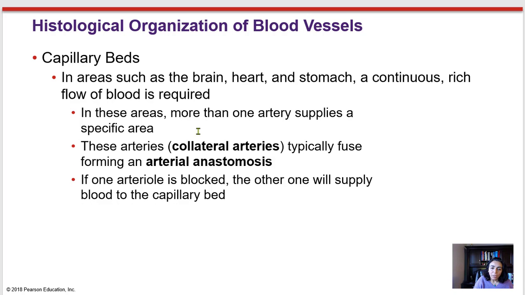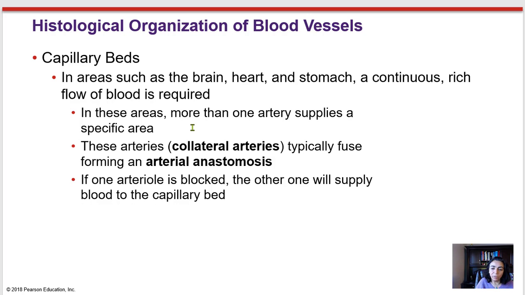In some areas of the body, like for example the brain, heart, stomach, and some other organs, we need a continuous rich flow of blood. Therefore, in those areas, as you have seen or will see, we have many blood vessels. For example, in the brain we have the circle of Willis, right?